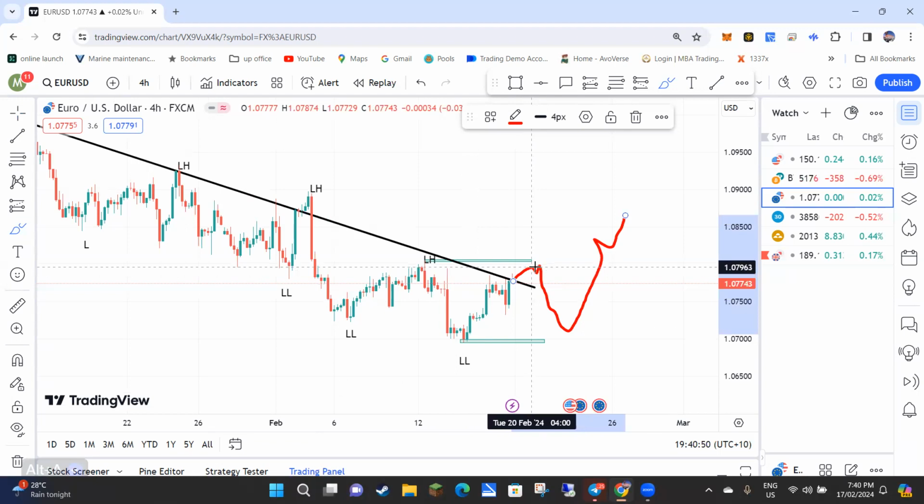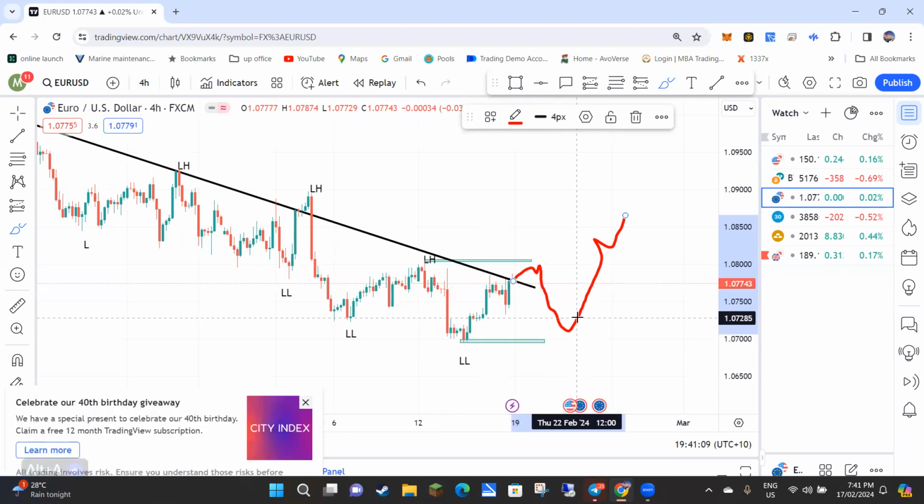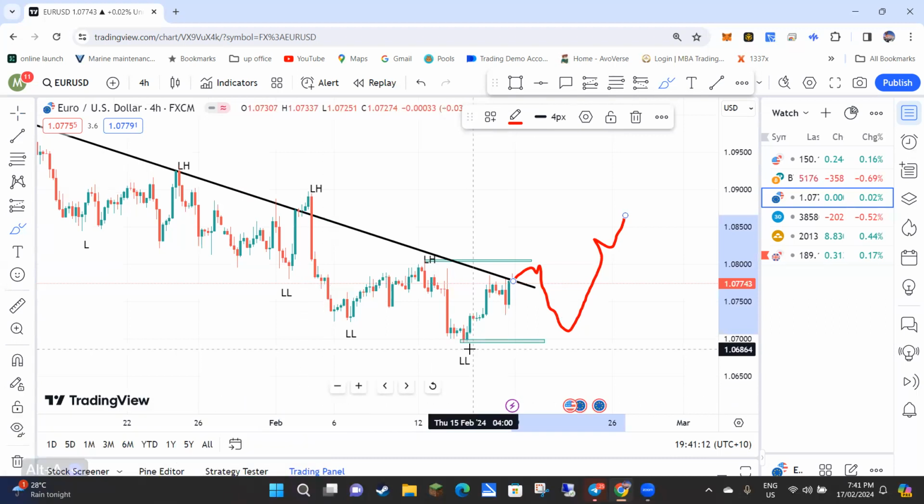One, it didn't form a lower high, it was just an even high basically. So it wasn't a lower high. And then the next low point wasn't a lower low, it was either just the same as this one or even a bit higher. So right about here, you're going to think there is a chance that this downtrend has stopped now because it's not forming lower highs and it's not forming lower lows.